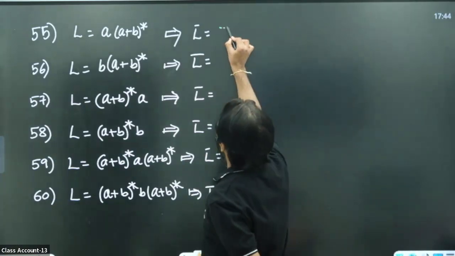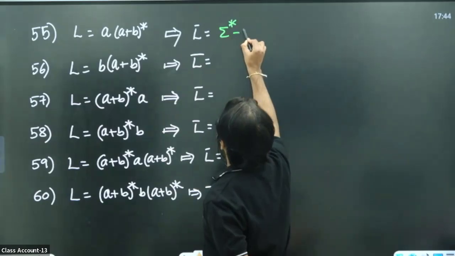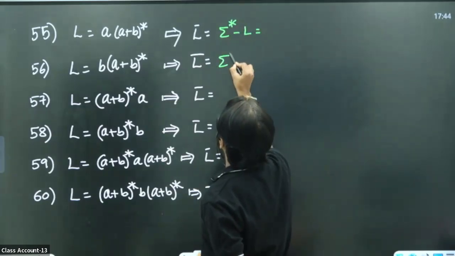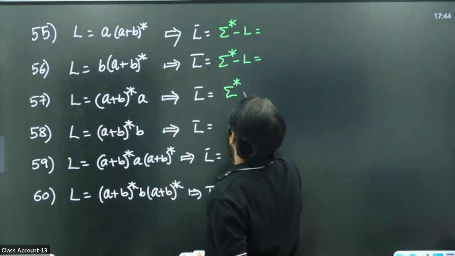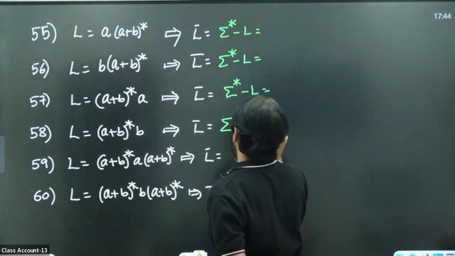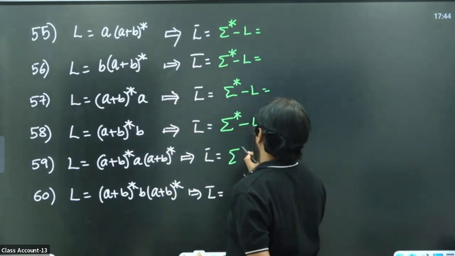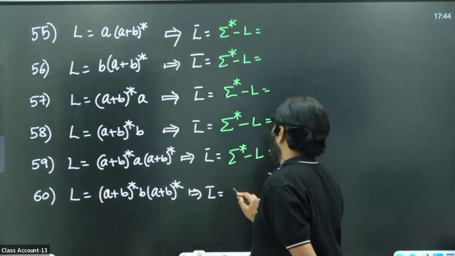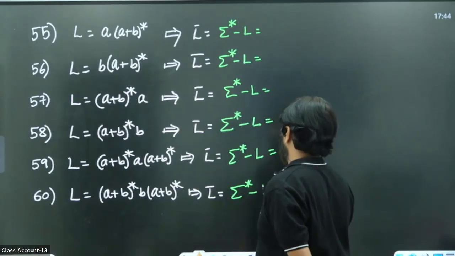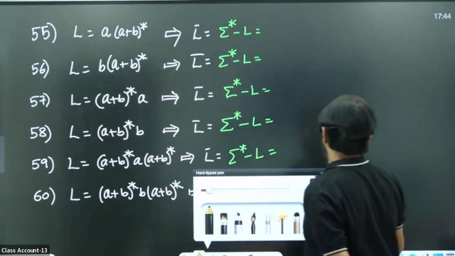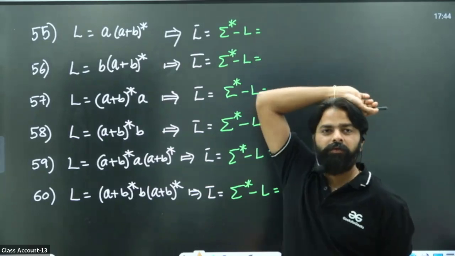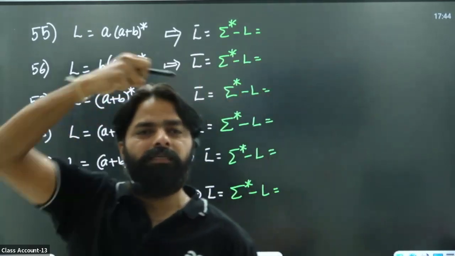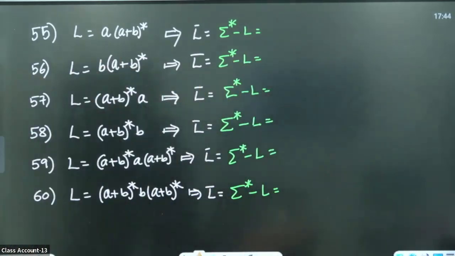L complement is sigma star minus L. Do not forget that from sigma star you have to delete L. Do not try to change your definition. Go ahead. From the whole world, delete the strings which are starting with A. What is left?